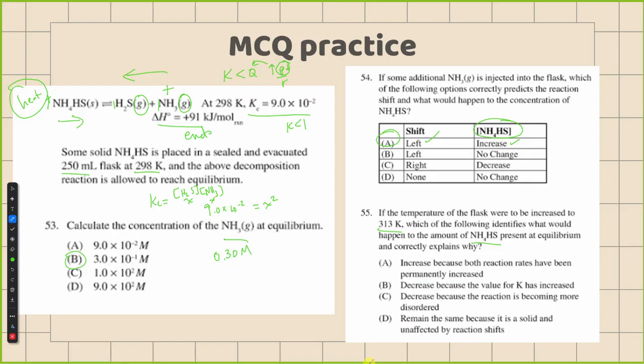Well, and we know that temperature is the only thing that can change K. And because it's going to the right, you're getting more products over reactants, so that means your K value is going to increase as it shifts to the right due to the temperature change. So the answer would be there.